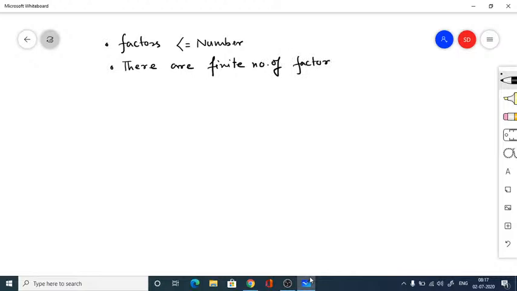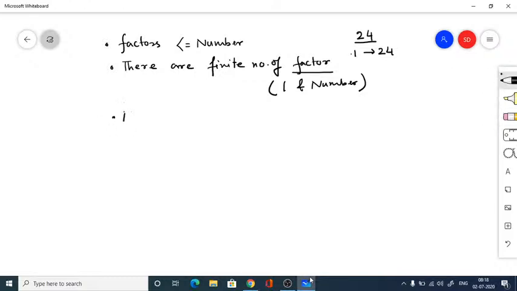These factors lie between 1 and the number itself. So if you find the factors of 24, then all factors will lie between 1 and 24. It cannot be less than 1, and neither can it be more than 24. So it lies between 1 and the number itself.